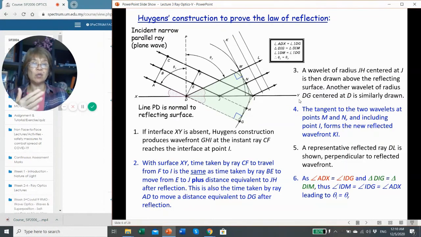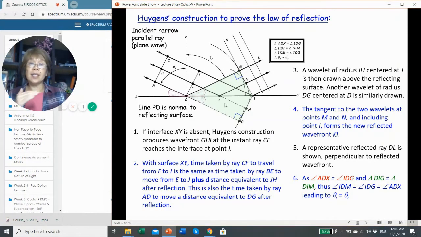When this interface XY is not there, then these rays, let's take the wavefront at DEF, would be able to reach this position GHI at time t later.